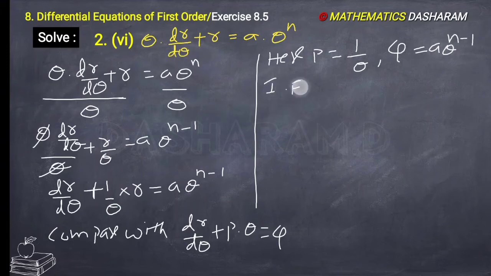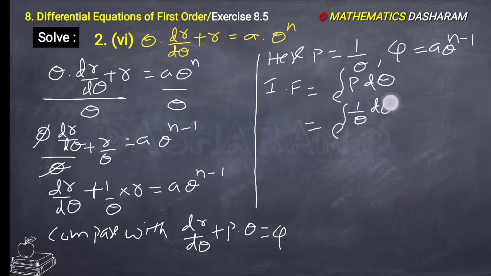So first I am going to find out the integrating factor, e to the power of integration p d theta. It is equal to e to the power of integration 1 by theta d theta. So e to the power of log theta, here e and log cancel, then theta is the integrating factor.